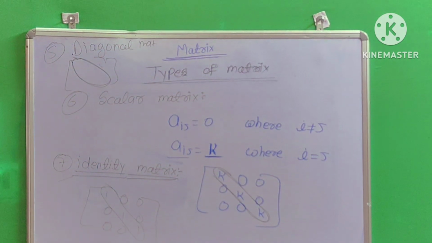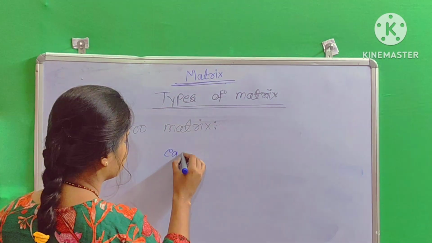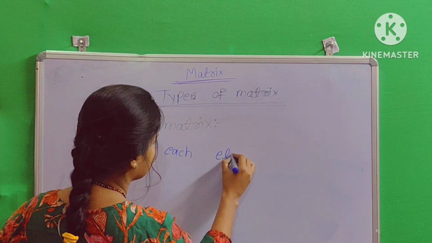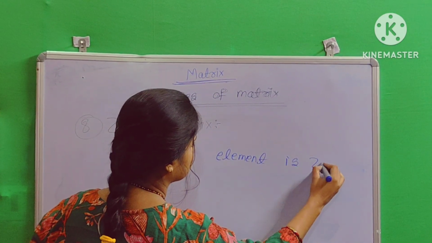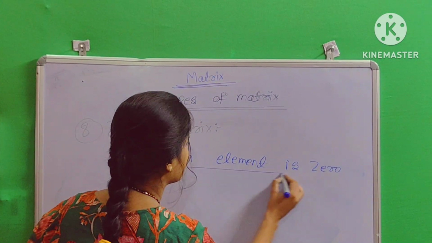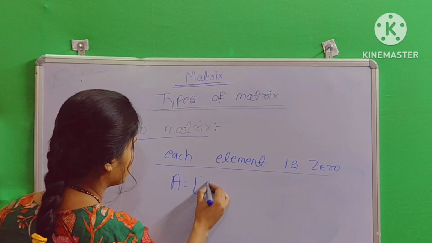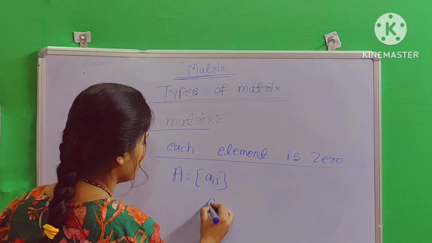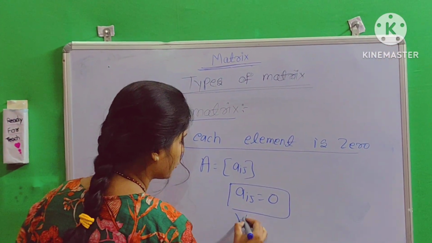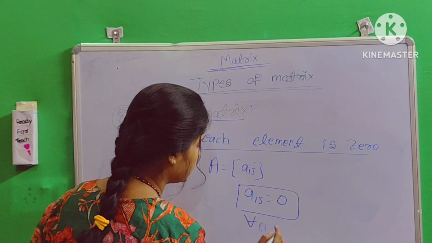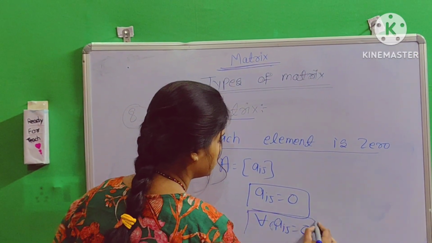Okay, next, zero matrix is where each element is 0. If every element is 0, this is a zero matrix. A is equal to Aij, where Aij is equal to 0 for all i, j.